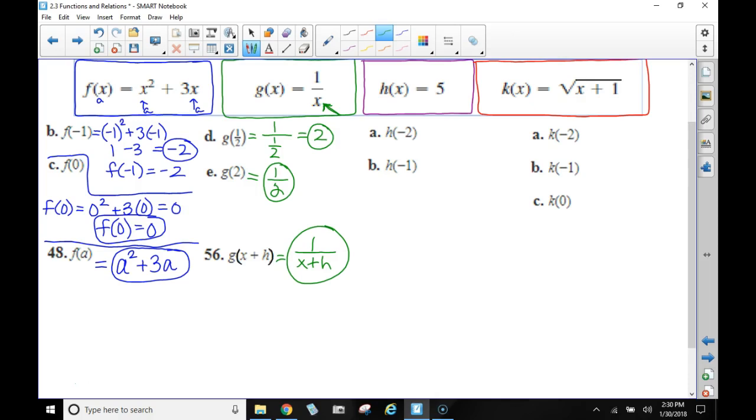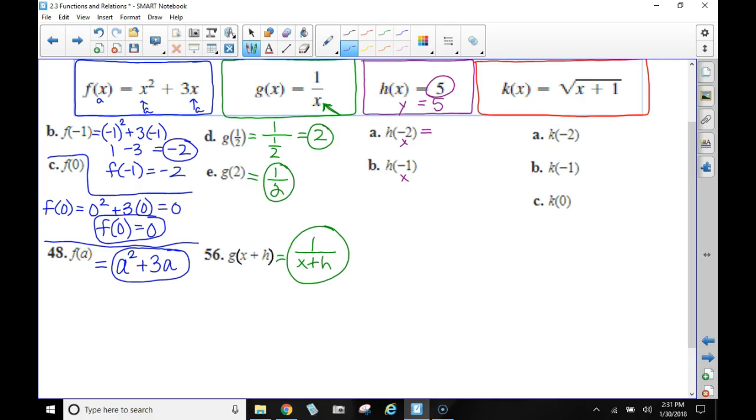Okay? Moving on to this purple h function. H of x equals 5. Well, on this one, the rule is your h function is always equal to 5. This is like saying y is equal to 5 no matter what your x value is. So h evaluated at -2, we don't have anything to put in for x anywhere, right?